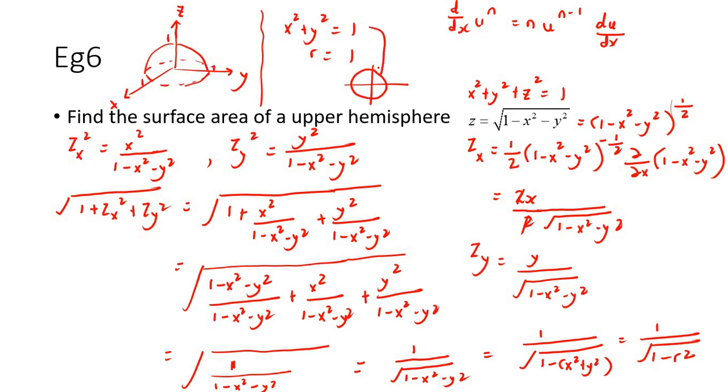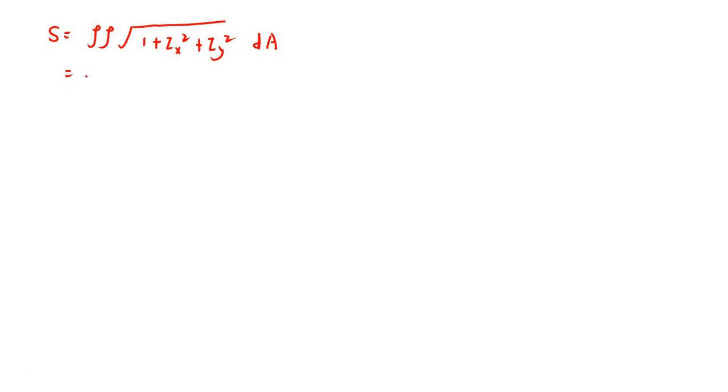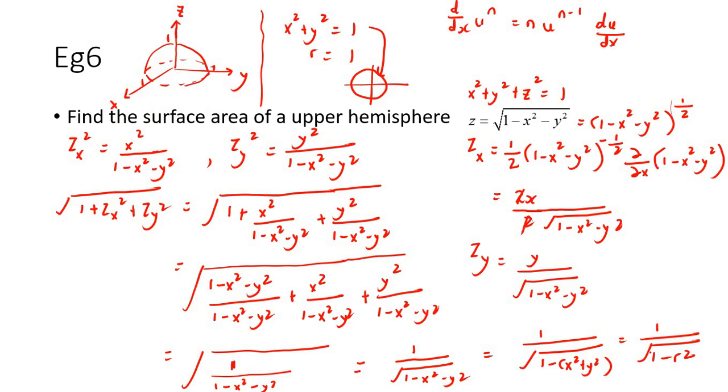So we integrate the full circle, so theta from 0 to 2 pi, r from 0 to 1, and this one we get 1 over the square root of 1 minus r squared. dA is r dr d theta.